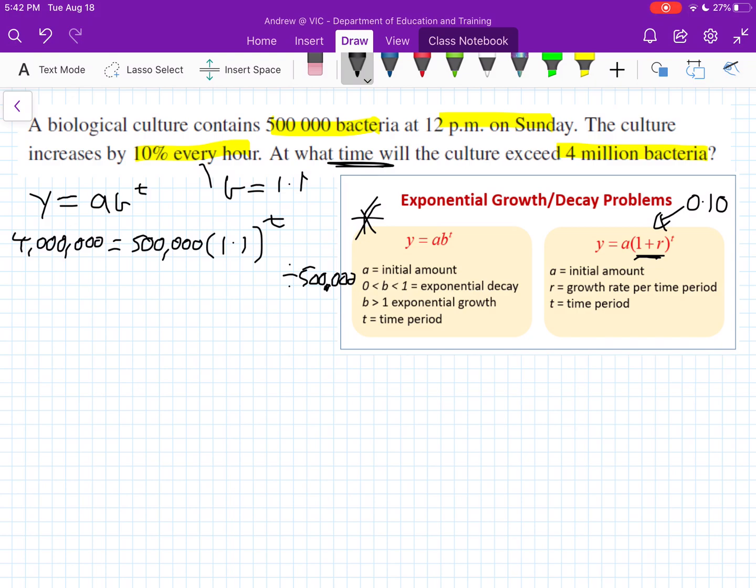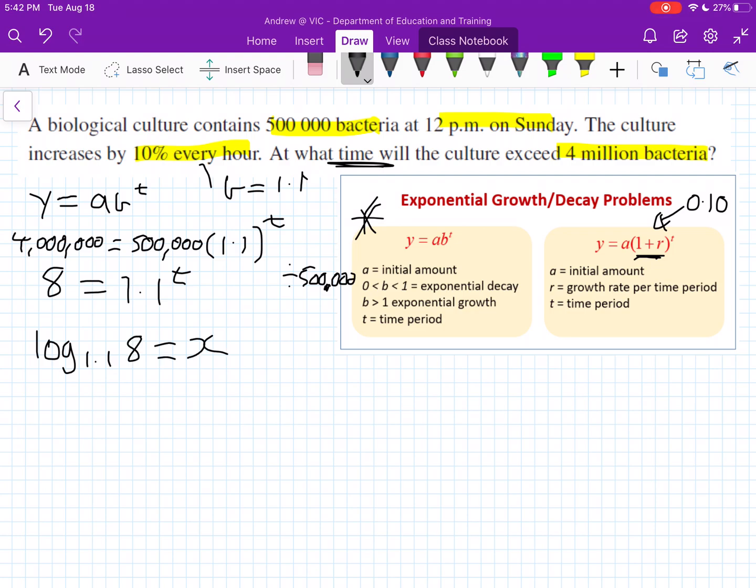It gives the answer of 8 nicely. So 500,000 divided by 500,000 just leaves our 1.1 to the power of t on this side. Now we've got a fairly simple exponential here, so we can convert this to a logarithm to find our unknown. Just remember, when you convert it to a logarithm, it turns into log base 1.1 of 8 is equal to x.